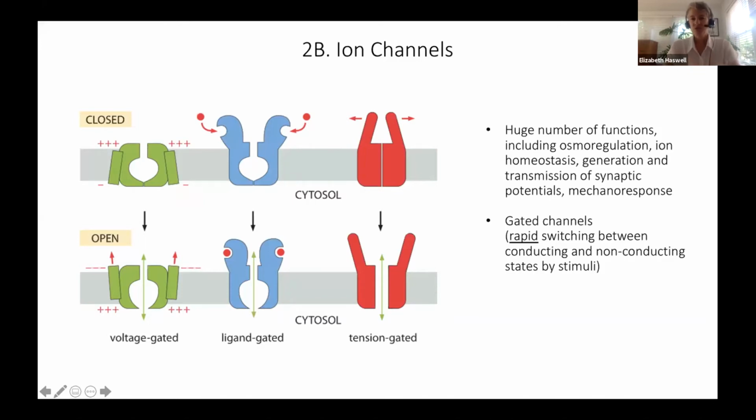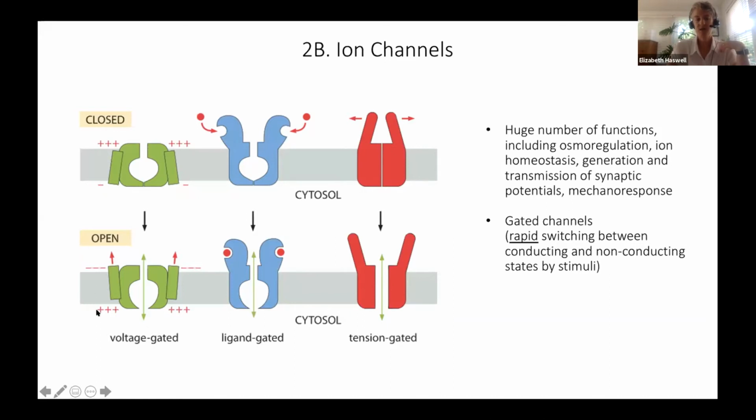So most channels are what's called gated, and that means that they rapidly switch between a conducting, that is an open state, and a non-conducting state in the presence of a stimulus. So here in green, you can see a channel in its closed state. This is a voltage gated channel. You can see they're showing the transmembrane voltage here with plus and minus to show there's a big transmembrane voltage.